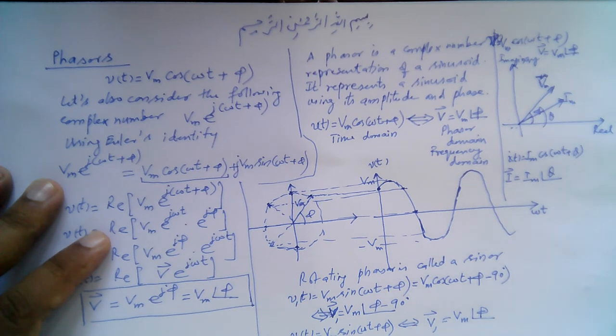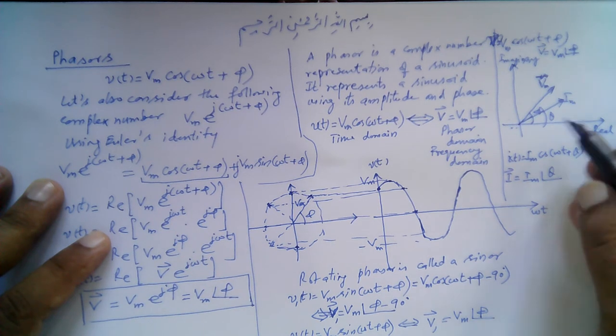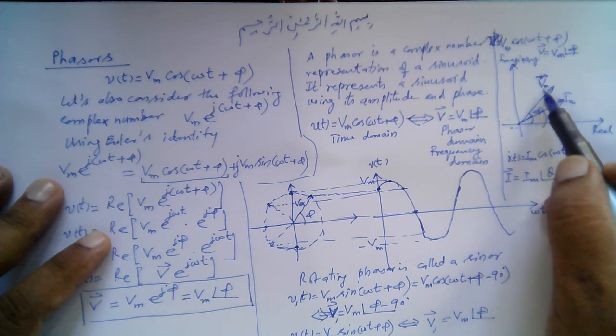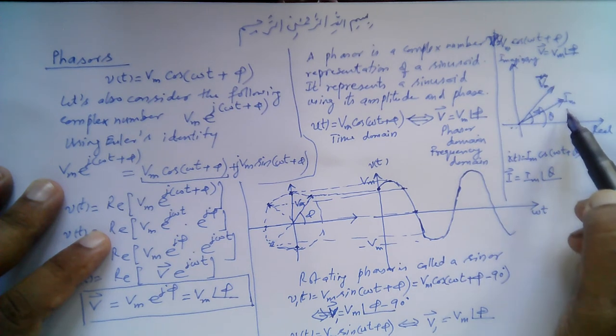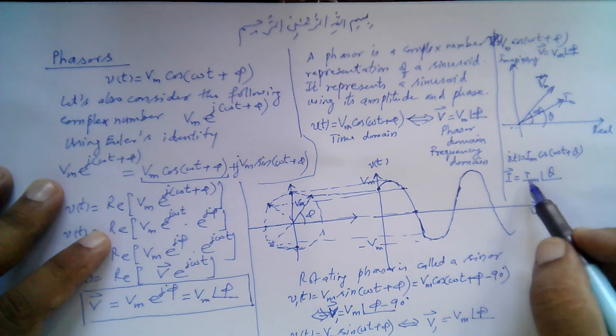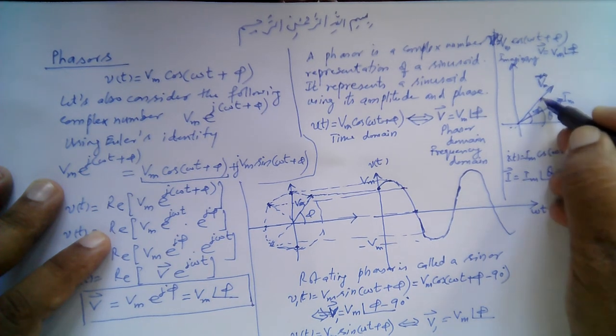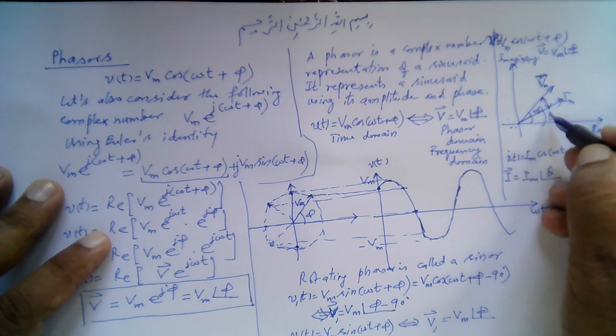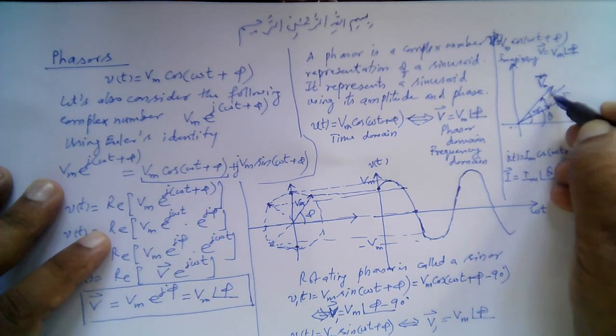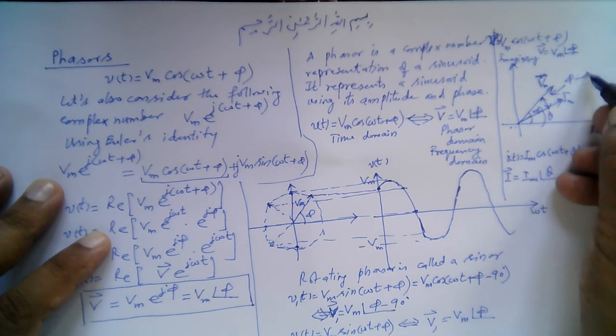As we have seen in the time domain, we can say that a particular sinusoid is leading and another one is lagging. Similarly, in the phasor domain, we can say that V here is leading this other phasor I here. The angle by which it is leading is this angle, and this is phi minus theta.